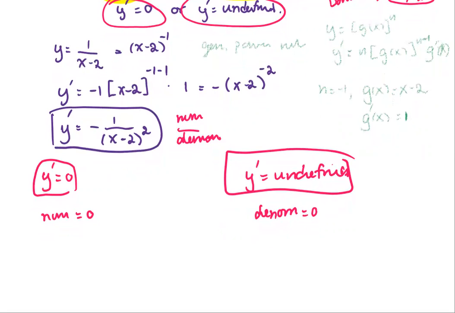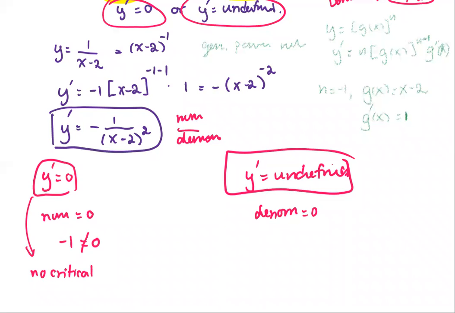The numerator here is -1. Is -1 equal to 0? No, it's not. So there is no critical value from the case of y prime equals 0.